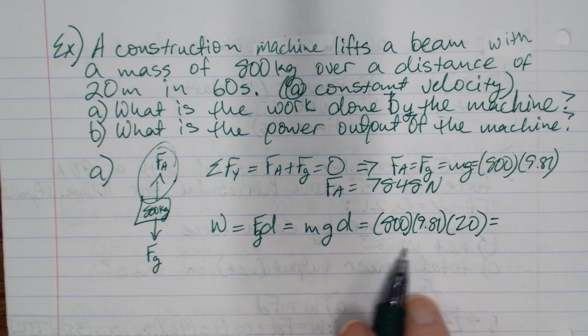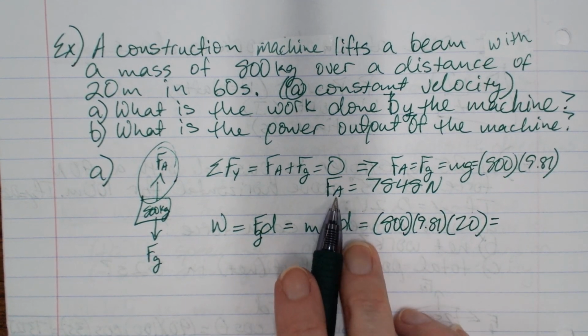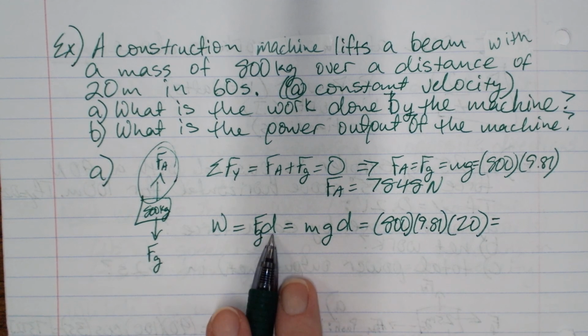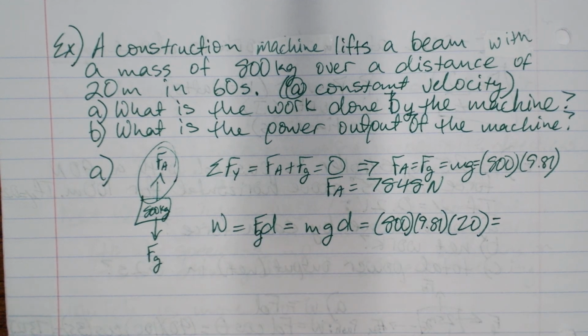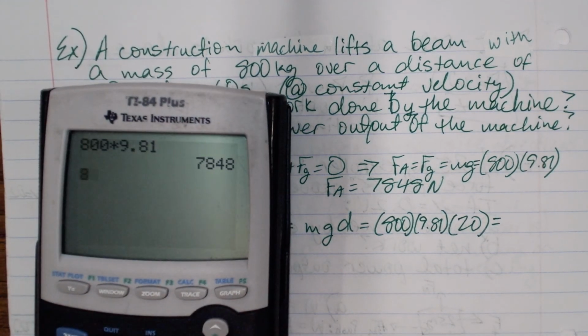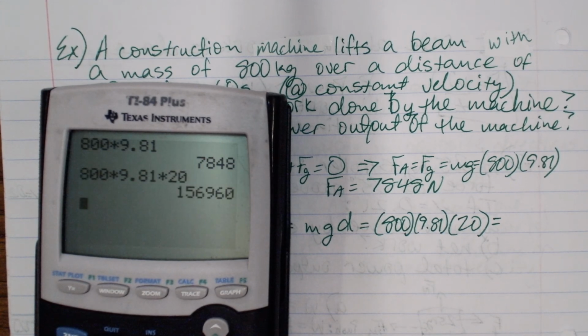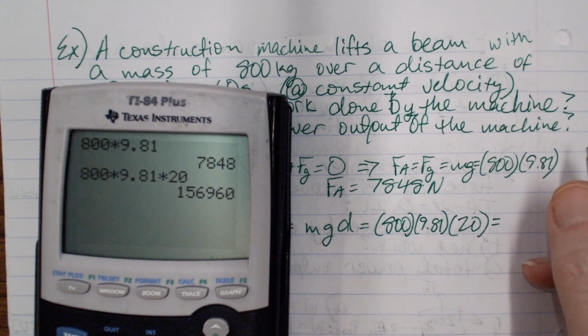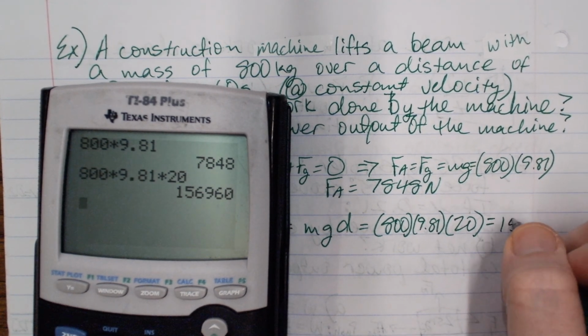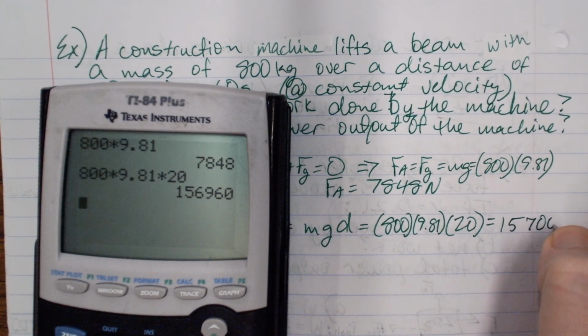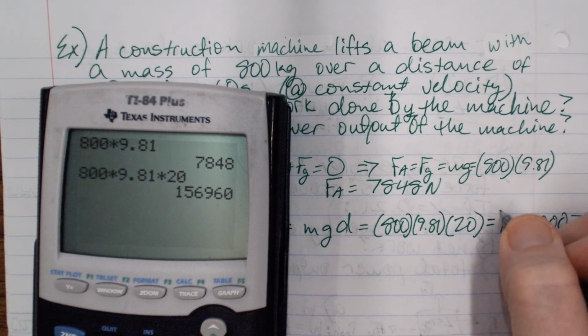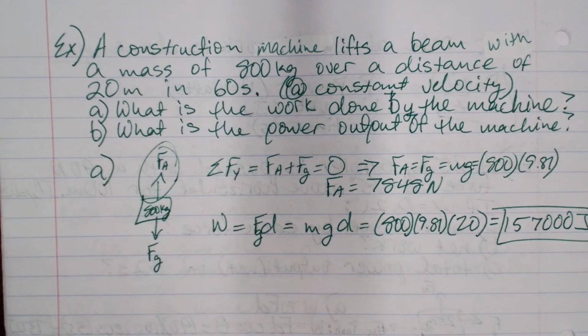And this is a little more efficient than calculating the force first and then plugging it into F times D. So that's a lot of work, right? I'm just going to say 157,000 joules. So that's how much work is done.